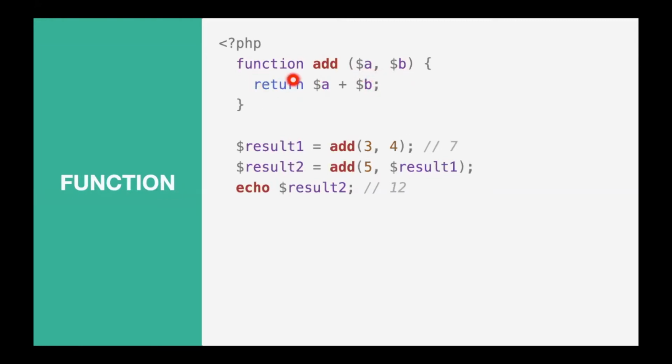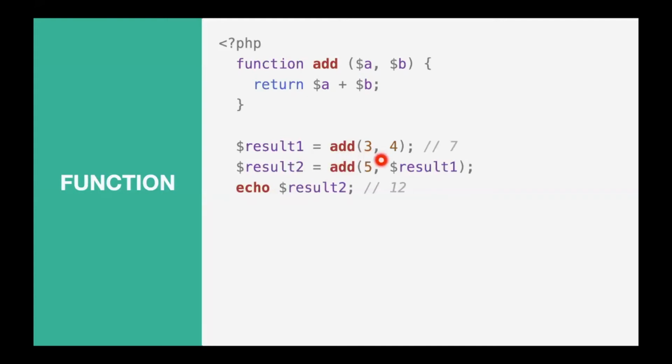Then we have our return statement. Remember, the return statement will return the value of our function. For this one, because it's add, we're just adding the two parameters together. So we have $a plus $b, and we'll get the value back. When we invoke this function, we will do add, then pass the values.